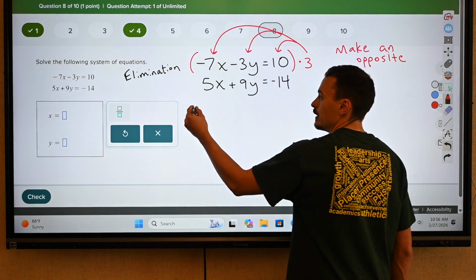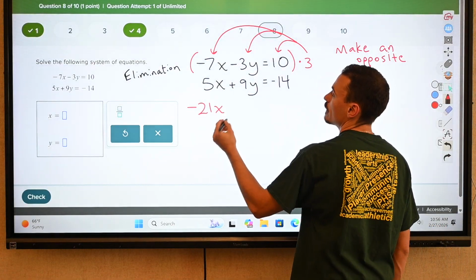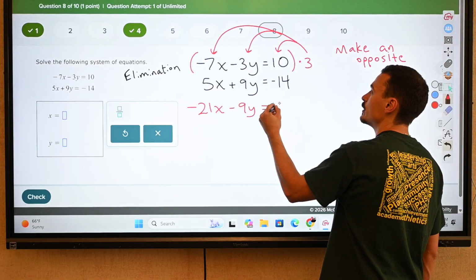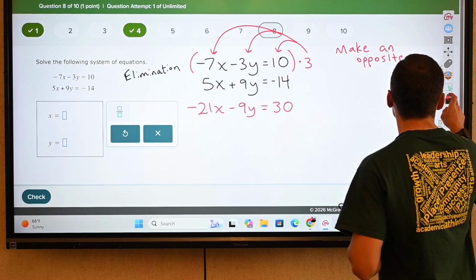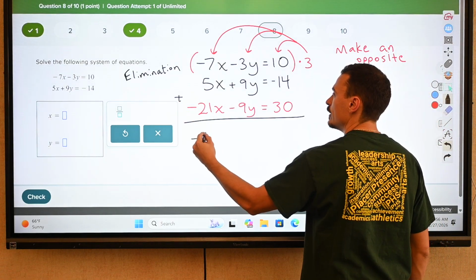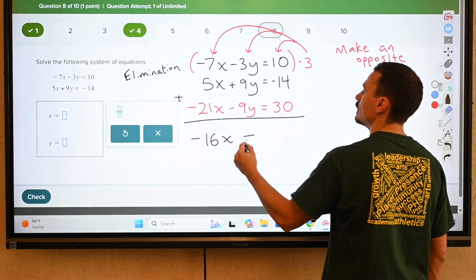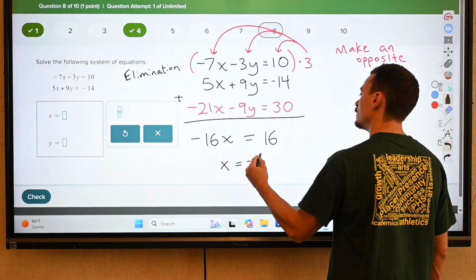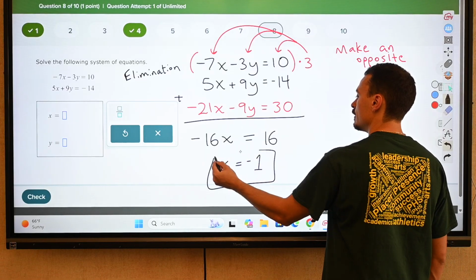Watch what happens. You get negative 21x minus 9y. There's our opposite. Equals 30. Now you can add them up. We get negative 16x equals 16. So x is equal to negative 1.